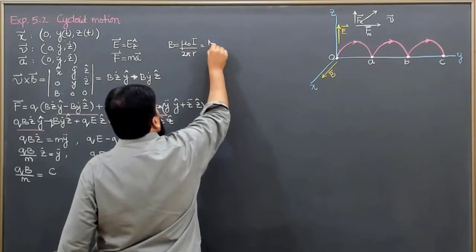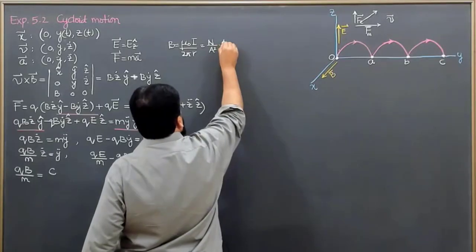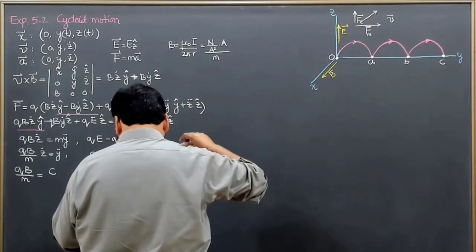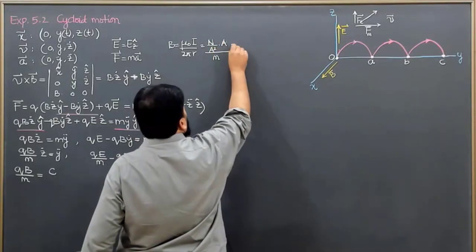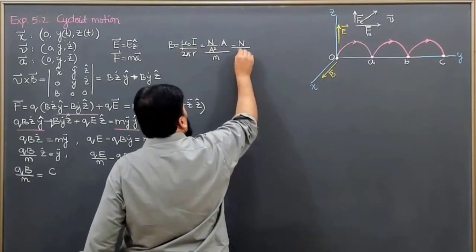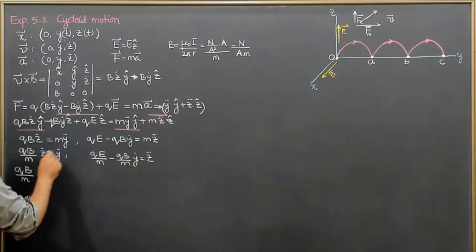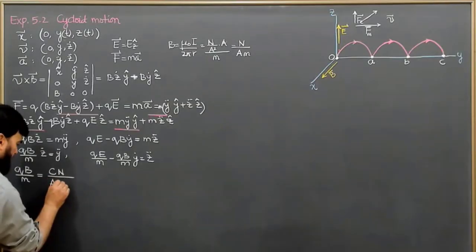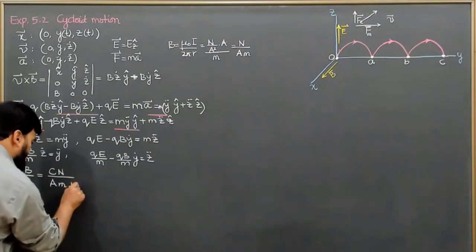Mu naught is Newton per ampere squared, and I is an ampere, and then we have the meter here. So B is Newton per ampere meter, and here we are having m in kg.